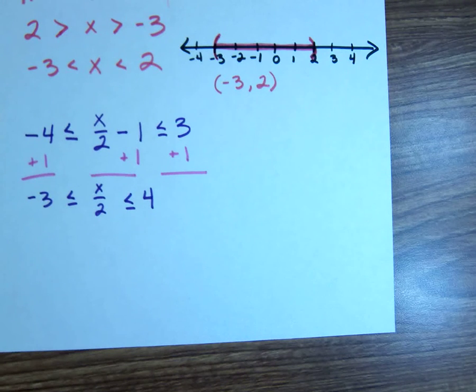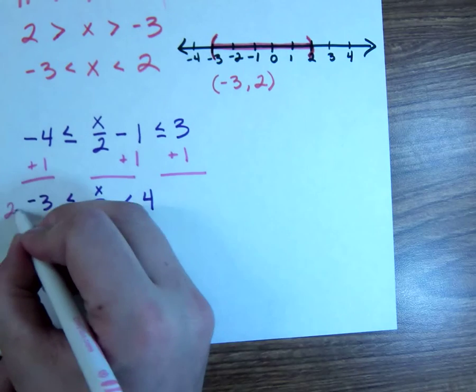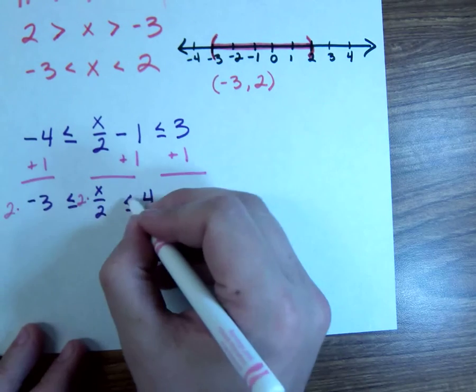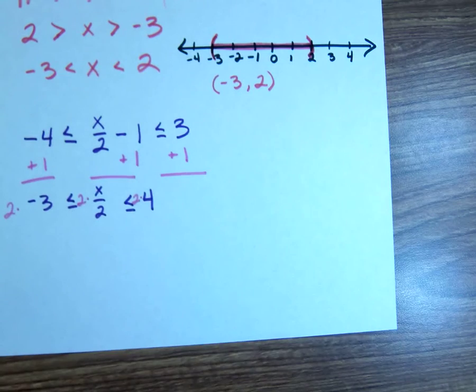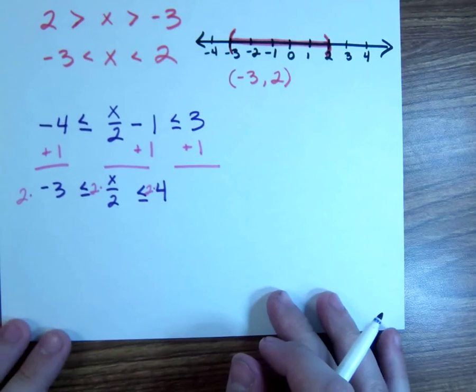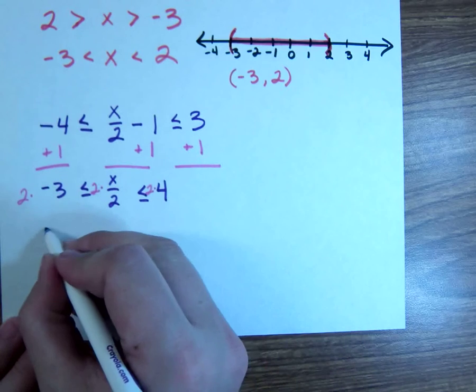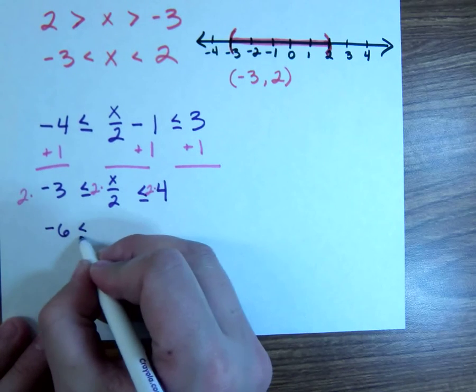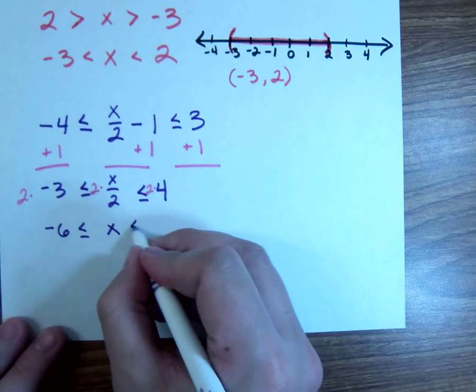So the problem now with the x is that it's being divided by 2. What do I do to get rid of that? Right, and as with everything else, I got to multiply it all by 2. So the first number, the second, and the third, all multiplied by 2. Now, I don't have to flip the signs this time because I'm not multiplying by a negative. Multiplying's fine, just don't multiply by a negative.